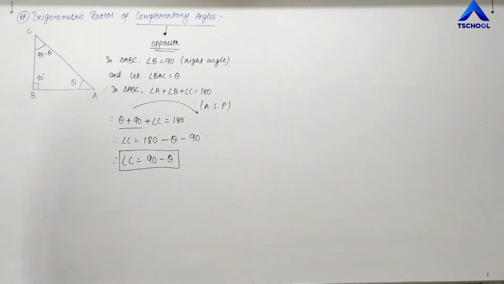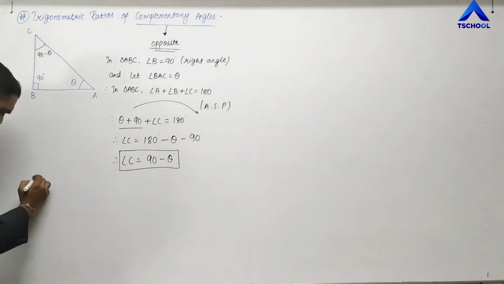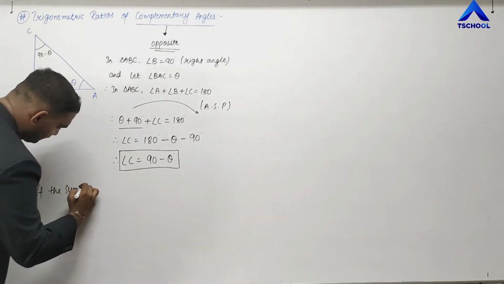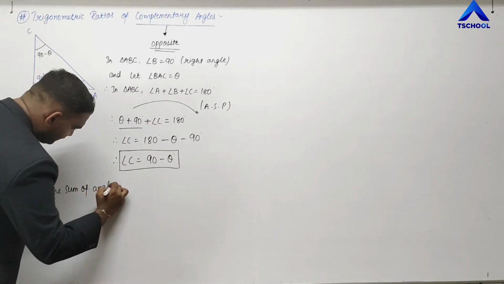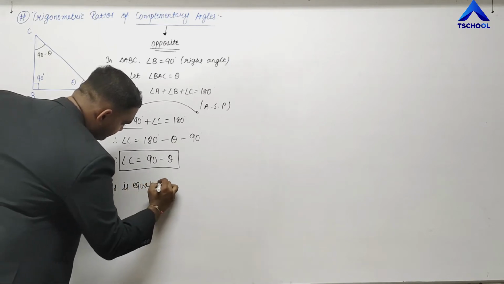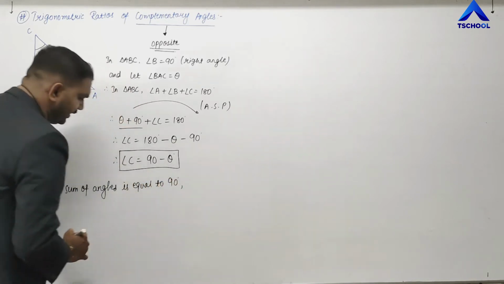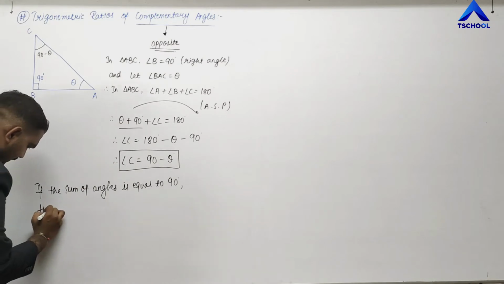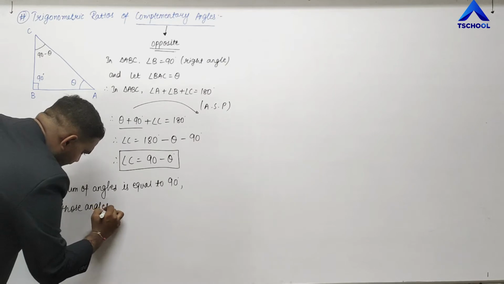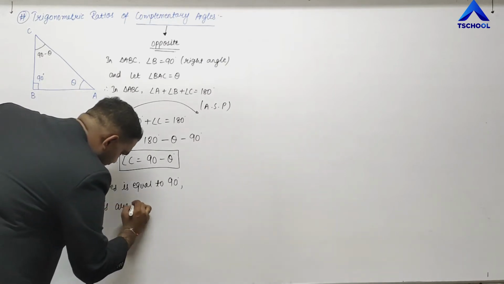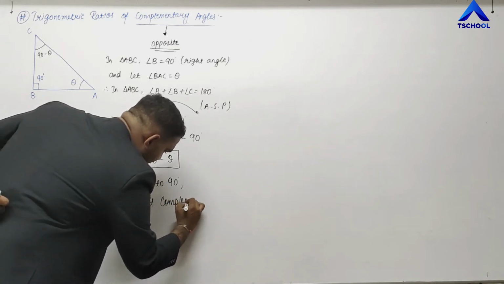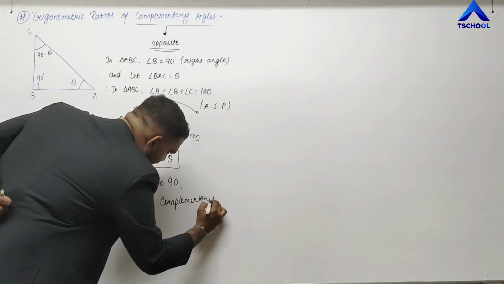Right? So concluding here that if the sum of angles is equal to 90 degree, then those angles are called complementary angles.